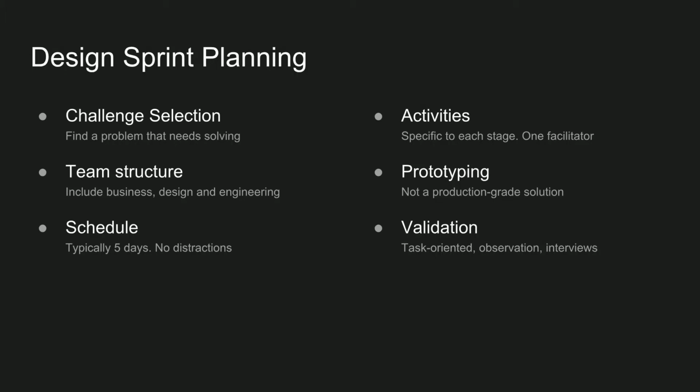And then the validation, I recommend that it's very task-oriented. You don't just show the mock-up to the client or to the user and say, what do you think? If they have to fill out a form, it's better if it's an actual HTML form where they can type. And if your problem was about some complex validation, then your prototype should be focused on the validation part of that form, because that's what you want to collect.